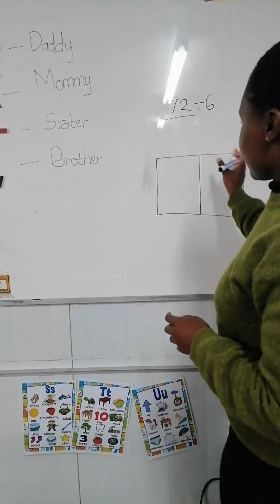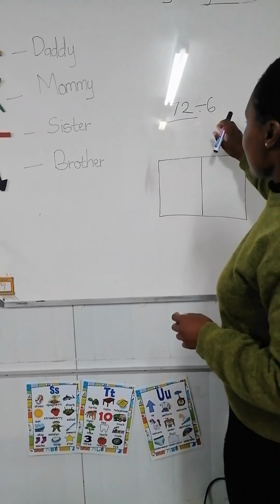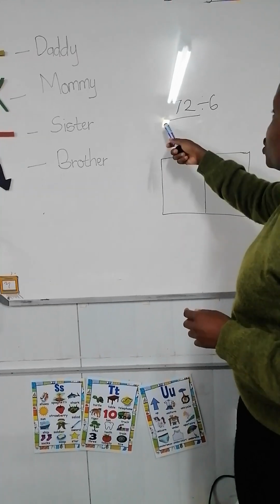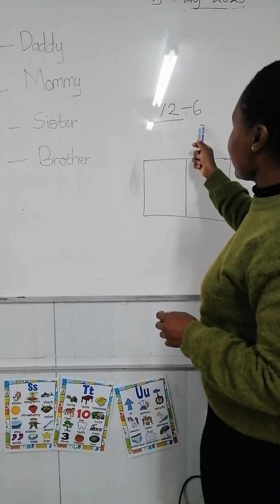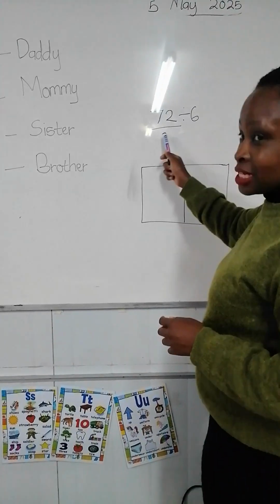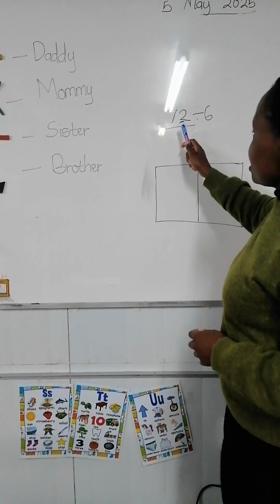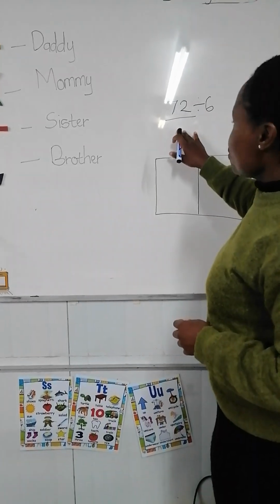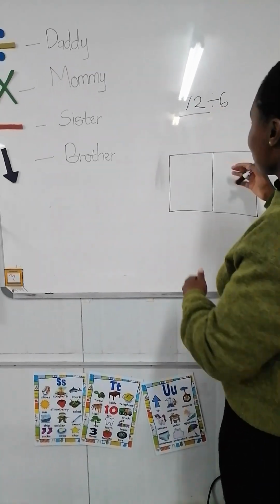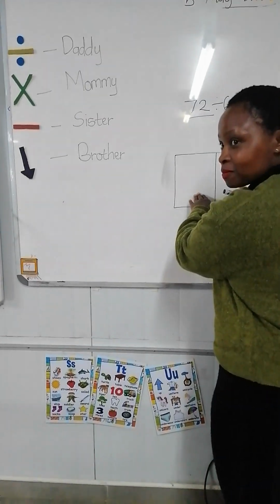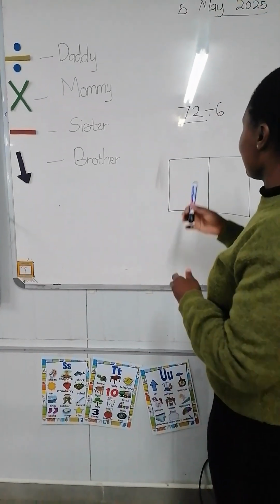When we arrange this sum into the box, we are going to take our most expensive car. Which one is your most expensive car here? It is 72. So 72 being our expensive car, we're going to pack it inside the box.